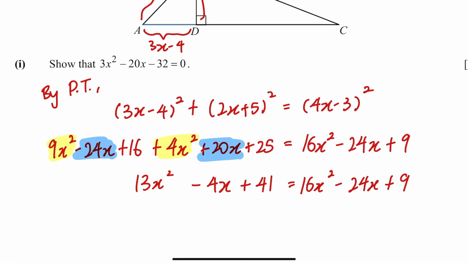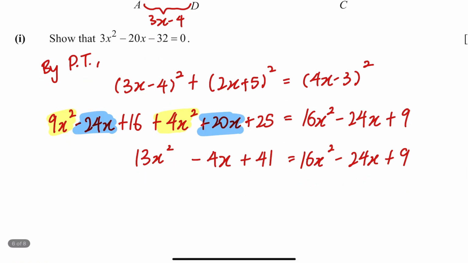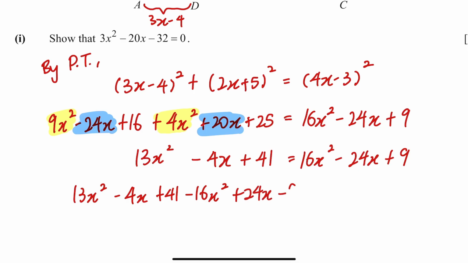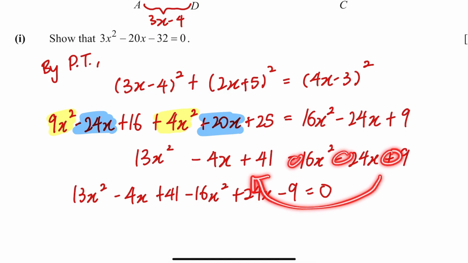Okay, therefore, continue to simplify from here. Maybe I make the right side 0. So I will subtract the right side terms from the left side. This will be 13x squared minus 4x plus 41 minus 16x squared plus 24x minus 9 equals 0. Remember, the signs will flip as you subtract from the other side of the equation.